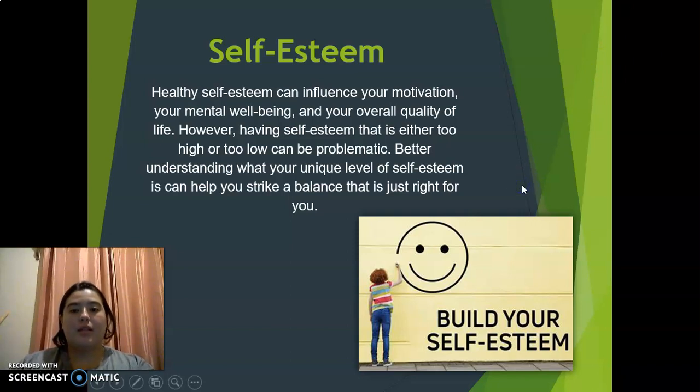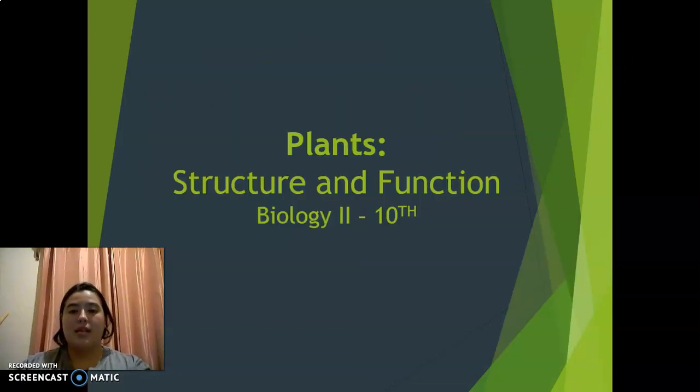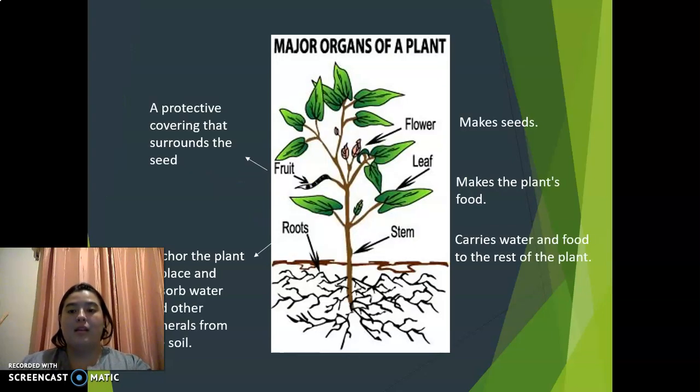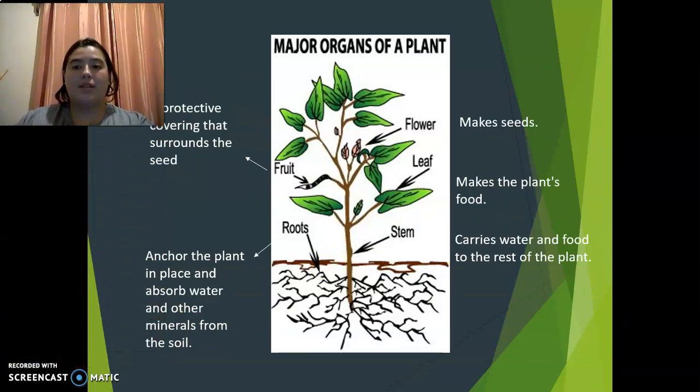And continue with the topic. This week we are going to see about structure and function of the plants, okay? So these are the major organs of a plant: fruits, flower, leaf, roots, and stem. The flower makes seeds, the leaf makes the plant's food, the stem carries water and food to the rest of the plant.